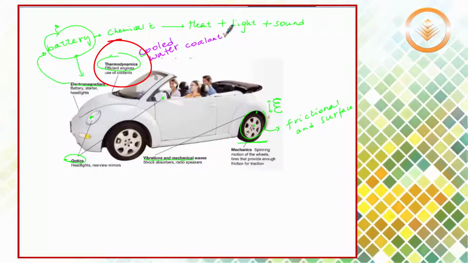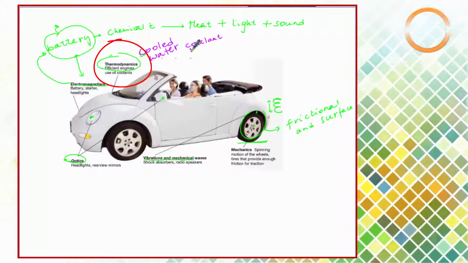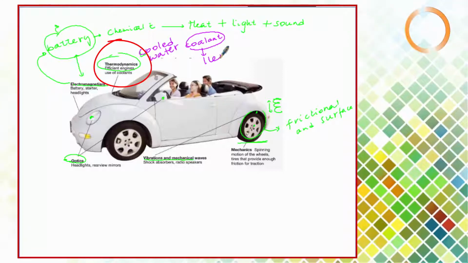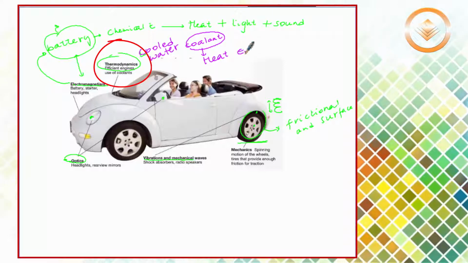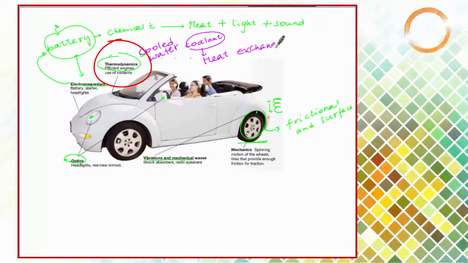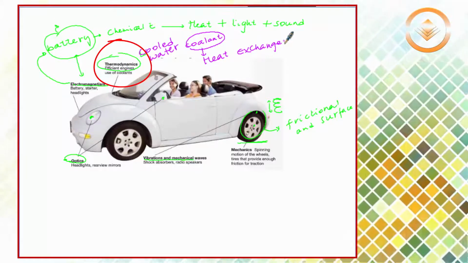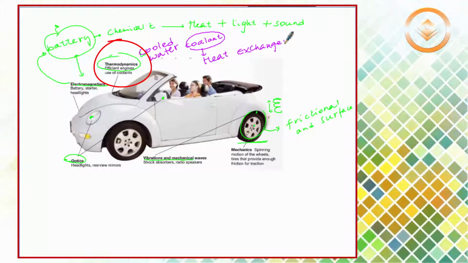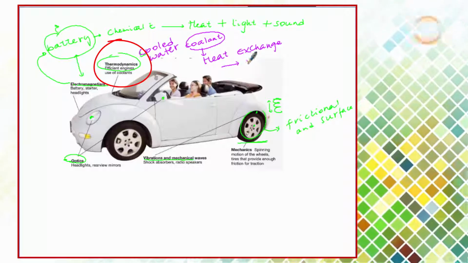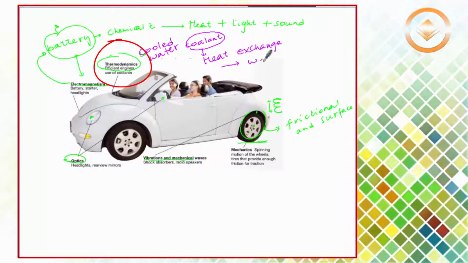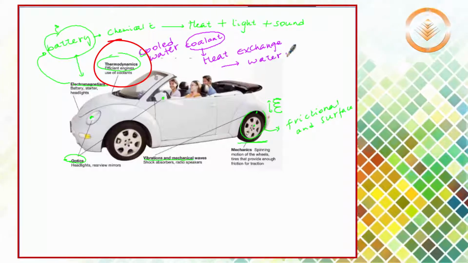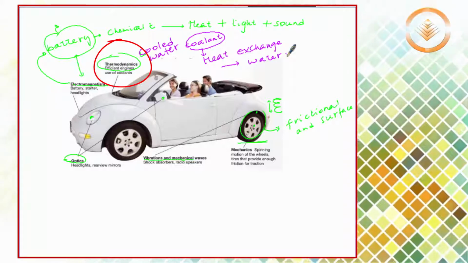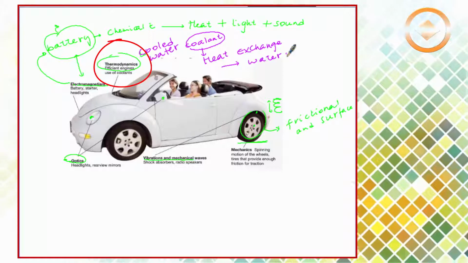So this coolant cools the engine of the car by the principle of heat exchange. When the engine gets hot, it transfers heat from the engine of the car to the water nearby. There will be heat flow. So that's why the car gets cooled, by the principle of heat exchange.